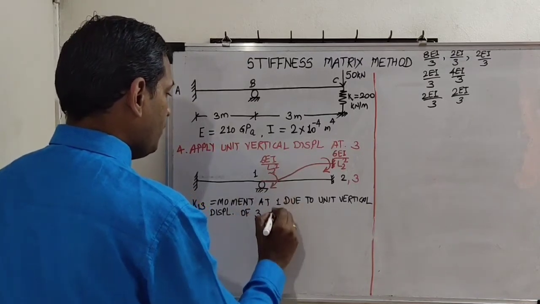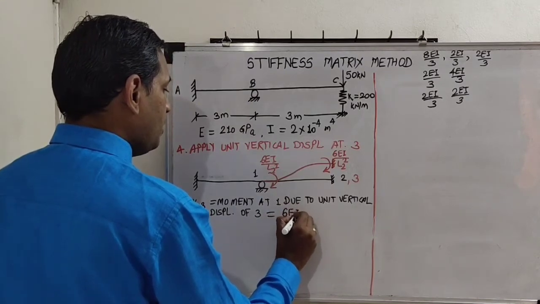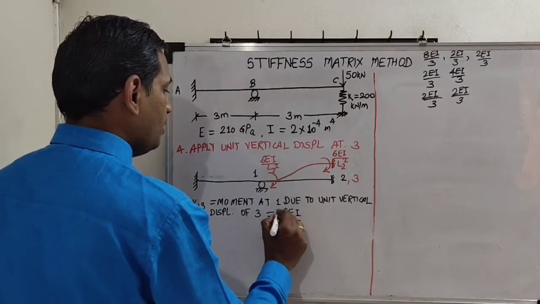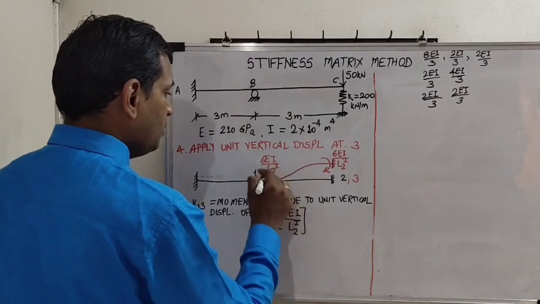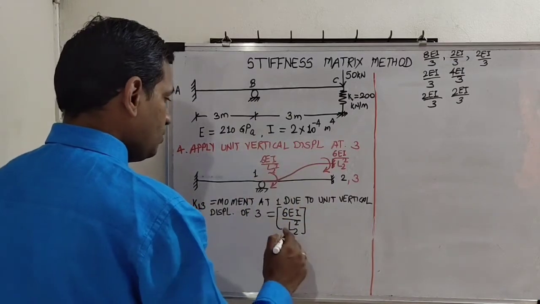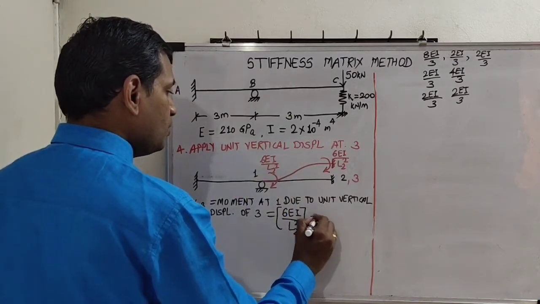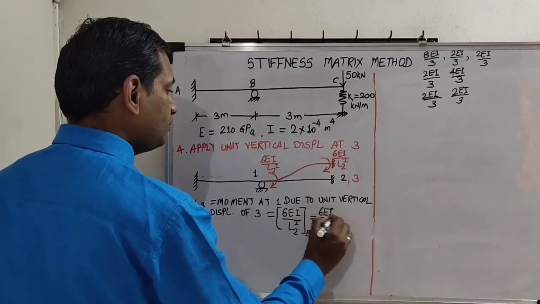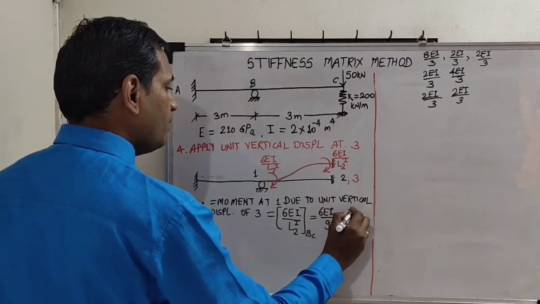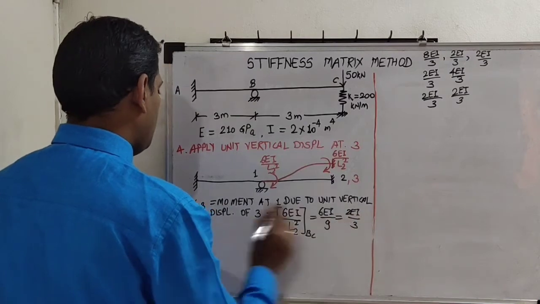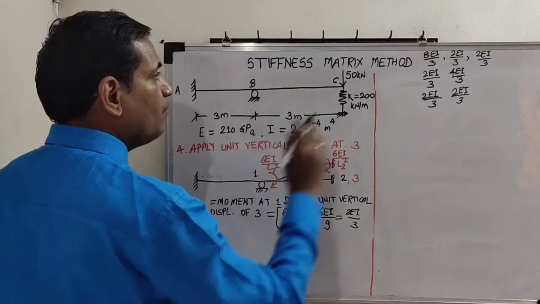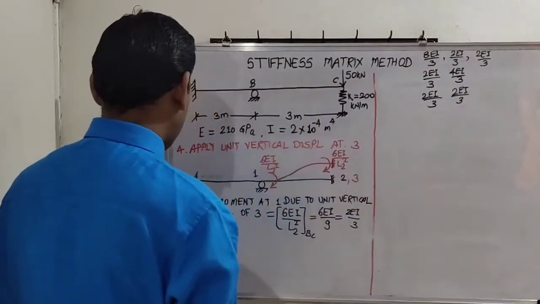Okay, what is the value? 6EI upon L2 square. This value is positive because movement is clockwise. So this is for span BC. So again 6EI upon 9, it is 2EI by 3. K13, first row, third column.